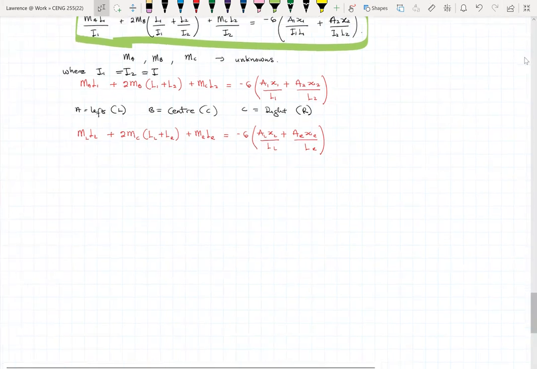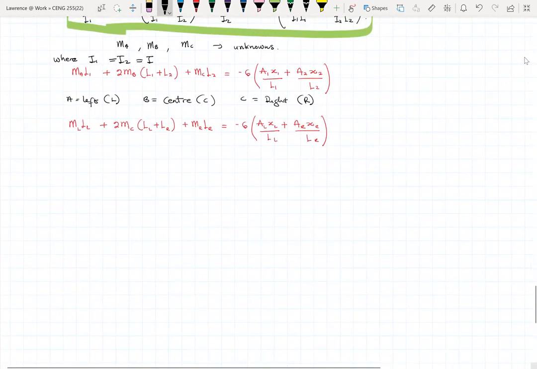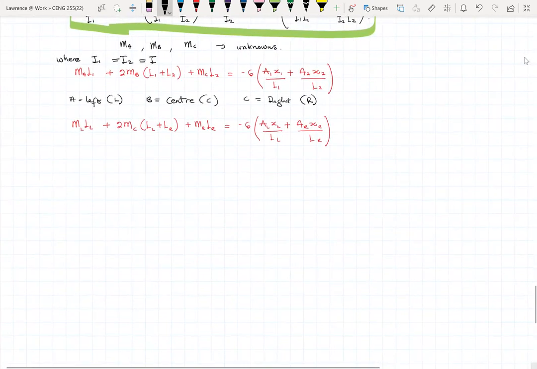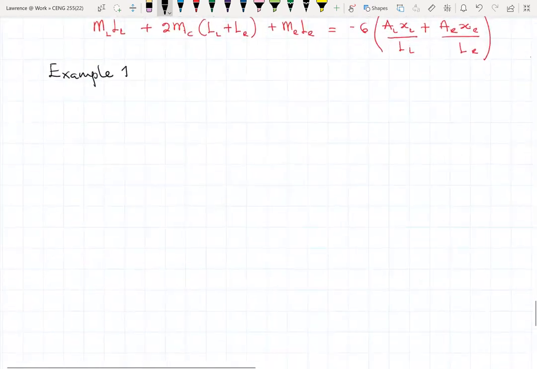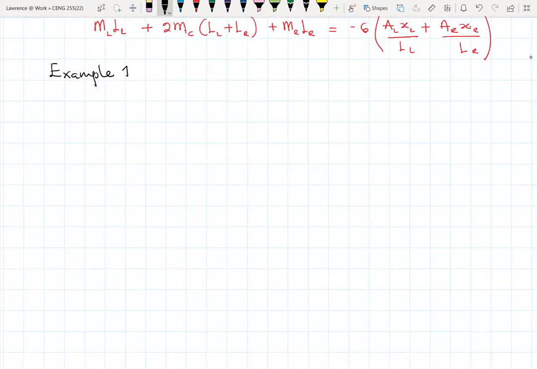All right. So let me call this example 1. So with example 1, I have a beam.